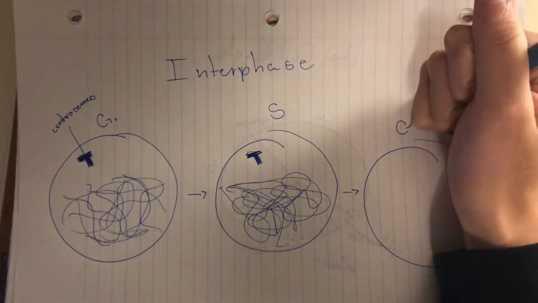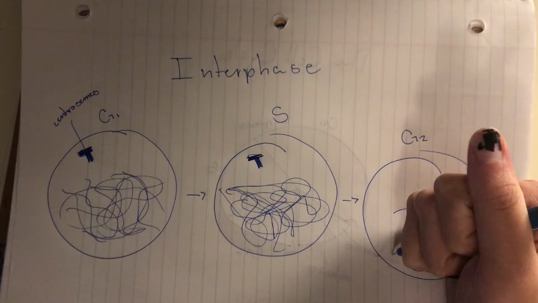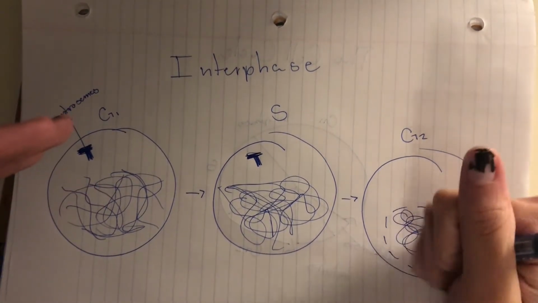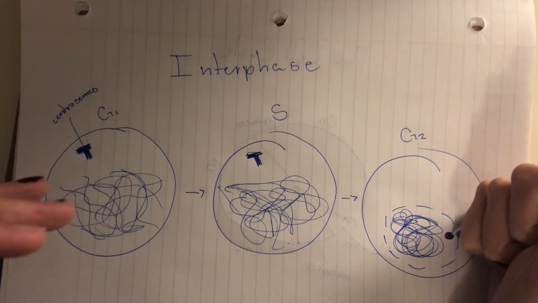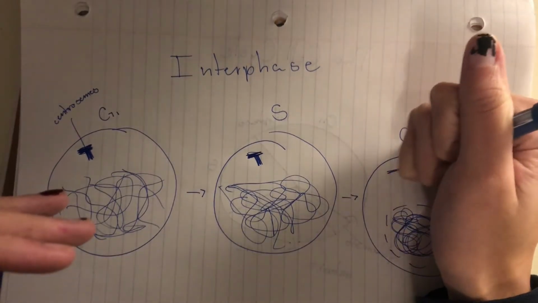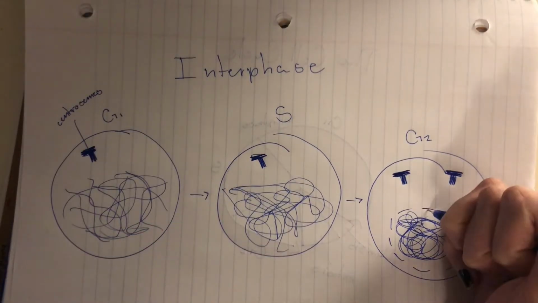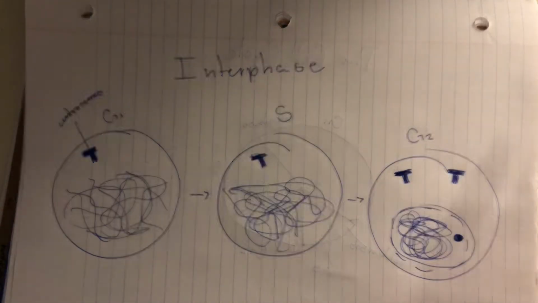Then during the G2 phase, the nuclear envelope begins to form around all this duplicated chromatin, and the nucleolus appears, and the centrosomes duplicate. This, with the complete nucleus, because the nucleus will be formed by then, is what our cell looks like going into mitosis.